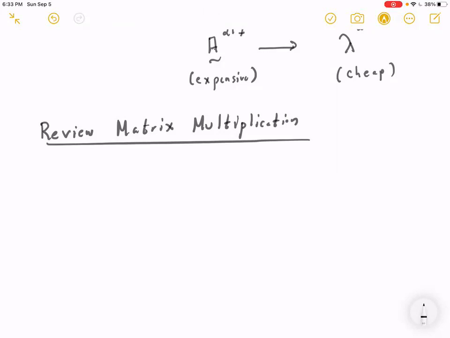Namely, if you have a matrix A, you can always recast it. Let's say it's a 3 by 3 square matrix of order 3. You can always recast it so that its columns are the vectors b1, b2, b3. That's a convenient way to write a matrix A in terms of its column vectors.